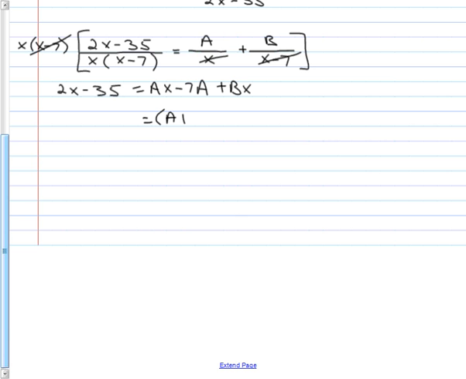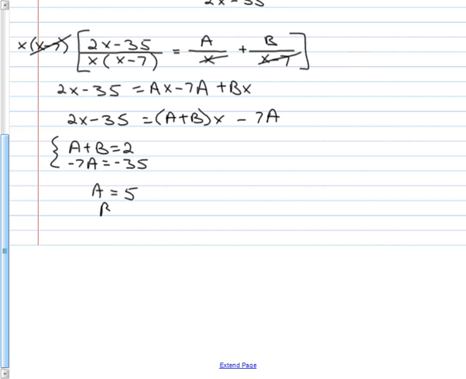So I have a plus b are my x terms, minus 7a is that constant term. So I know a plus b must equal 2, and negative 7a must equal a negative 35. That looks like a good place to start. What does a equal? A is 5. What's b? A is 5. Negative 3.